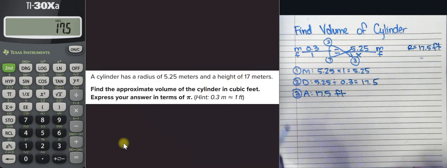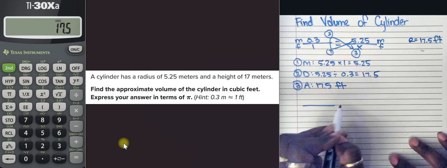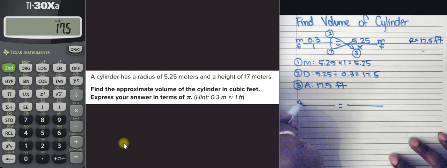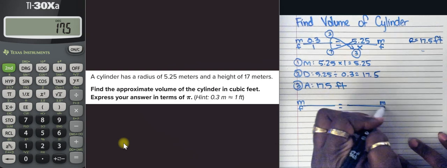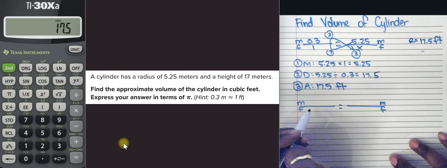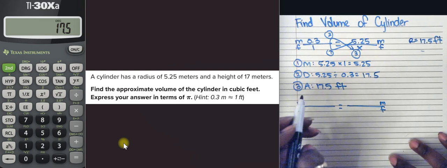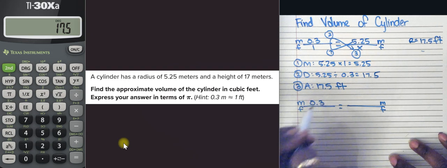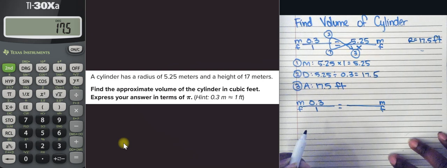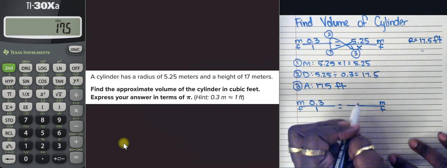So we're going to do the same thing, set up our fraction bars. Again, we're comparing meters and feet. We know that 0.3 meters is 1 foot. And then over here, we're going to say 17 meters.